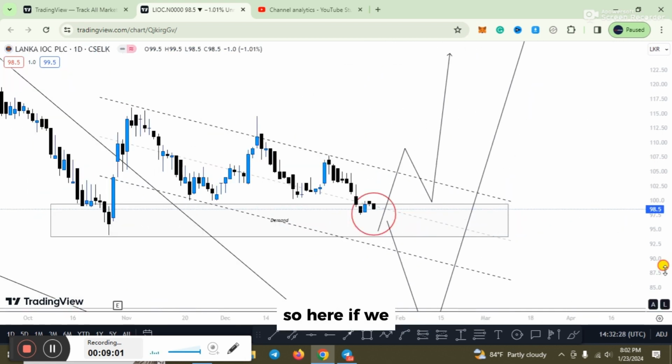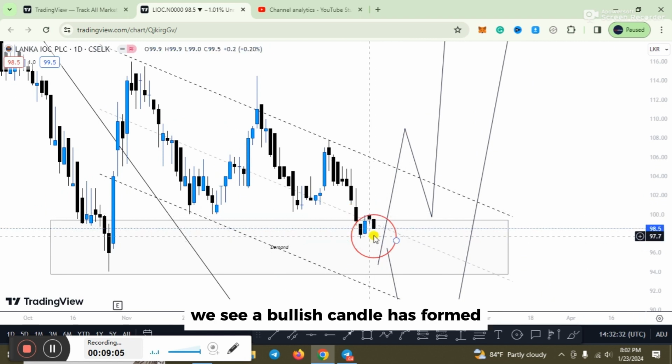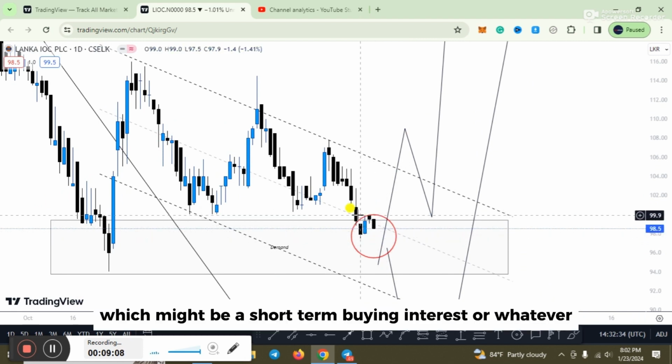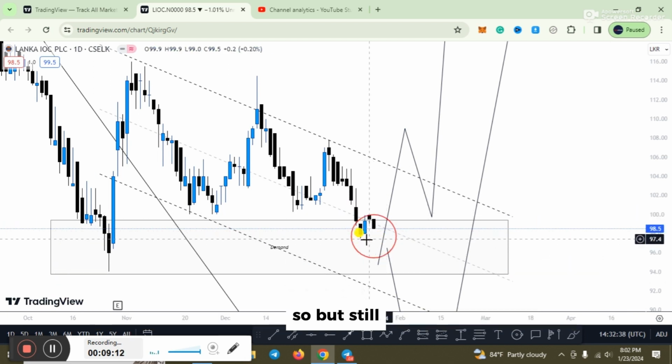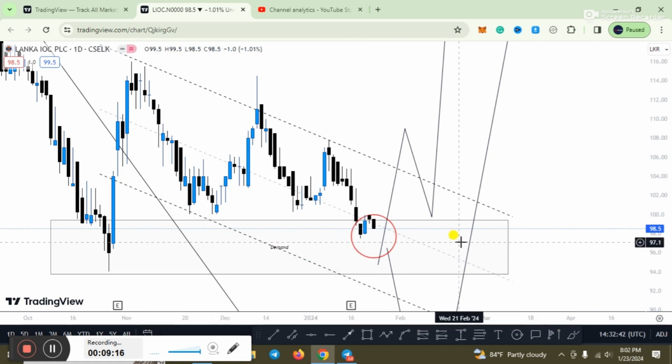So here, if we look closely around this demand zone, we see a bullish candle has formed, which might be a short-term buying interest. But still we have a potential buying level around this area.